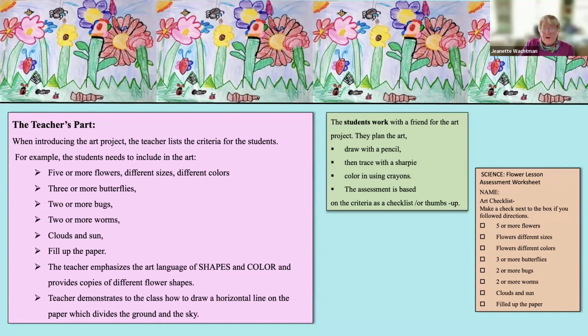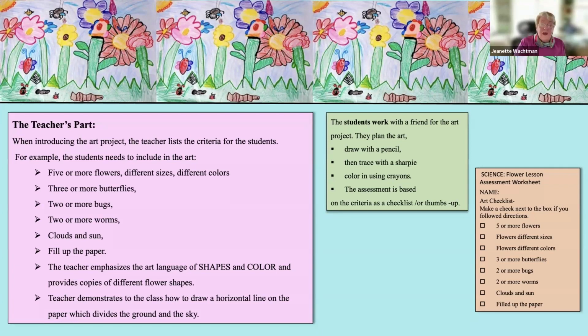Now, the first criteria for this project is on the board. You can place 5 or more flowers, different sizes, different colors, 3 or more butterflies, 2 or more bugs, 2 or more worms, clouds and sun, and fill up the paper. This is what you've printed up, and you say this is what you need to include in your artwork.